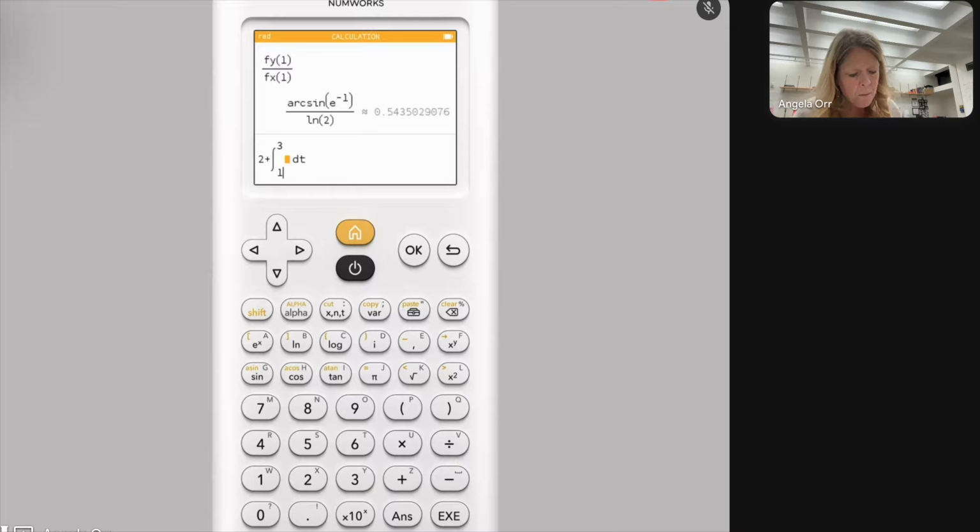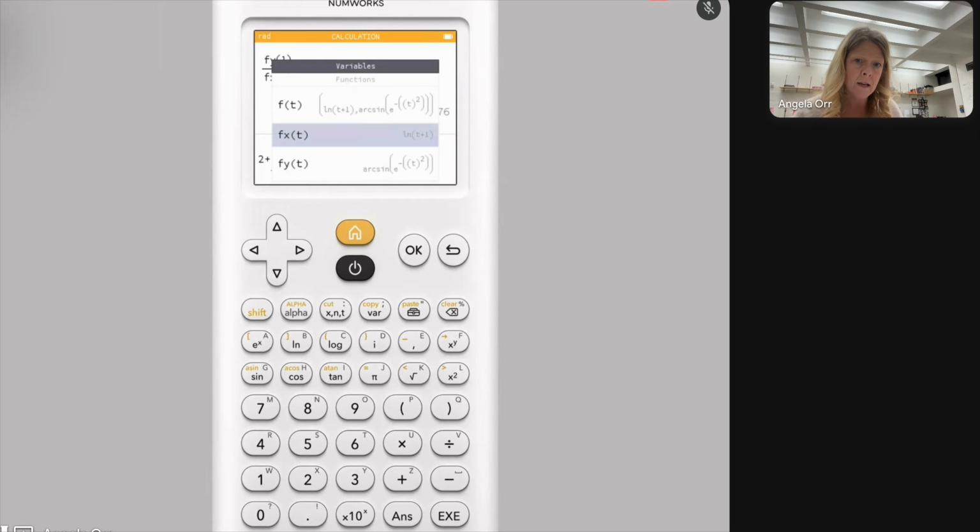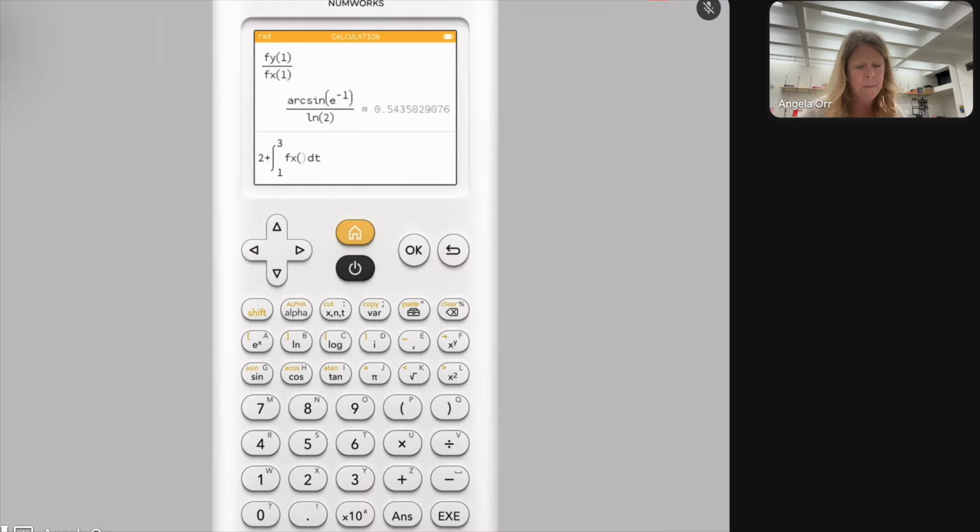Now, for my integrand, I want to grab what was stored in the x component for my velocity. So I'm going to choose vars again and grab the x component here, that ln of t plus 1. If I hit OK, that grabs the x component.